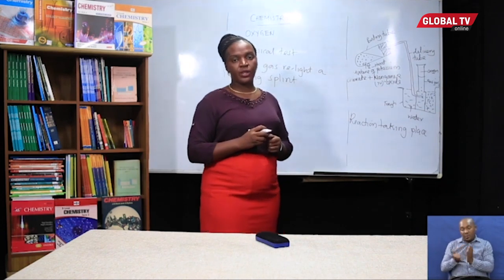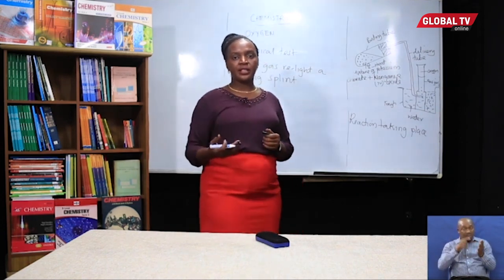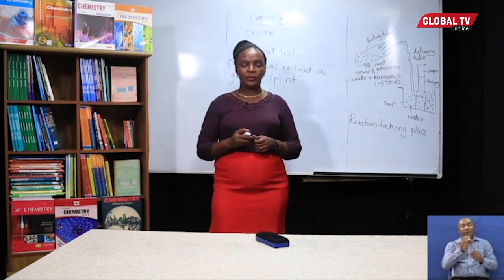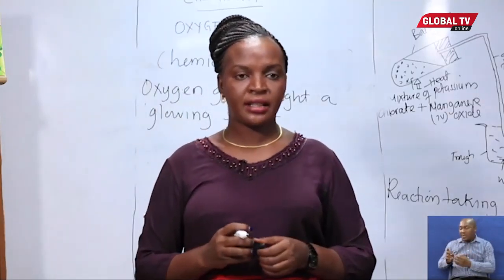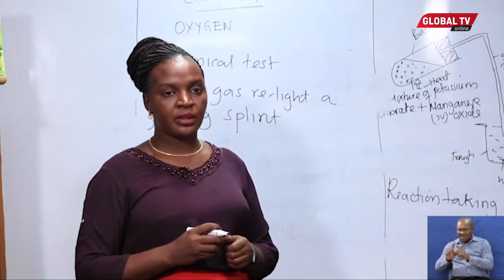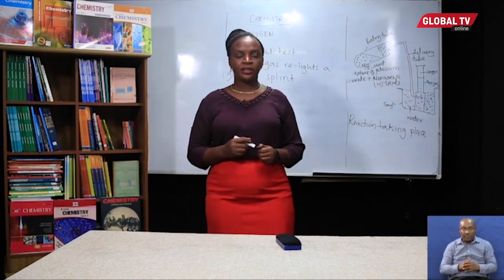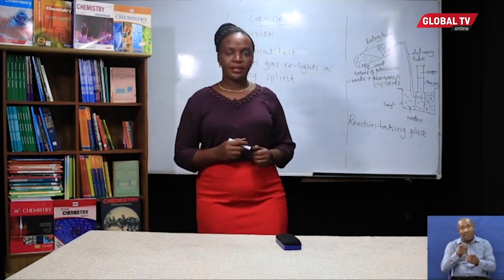So once you meet a question that requires you to explain the differences between ordinary air and oxygen gas, the answer will be: oxygen gas relights a glowing splint as its chemical test, but ordinary air does not relight a glowing splint.